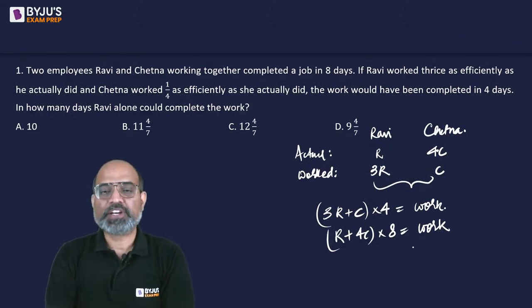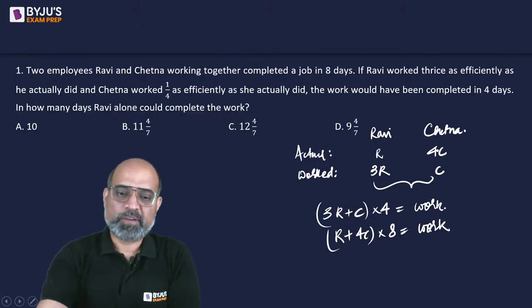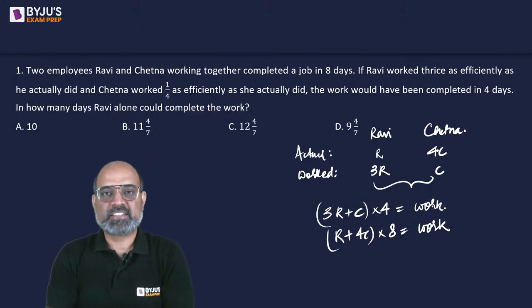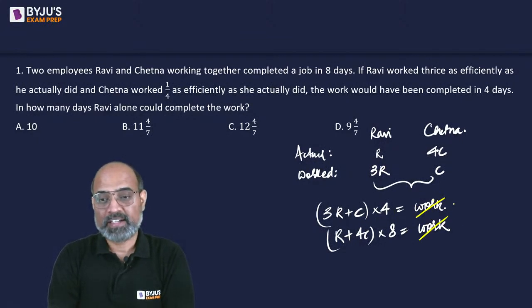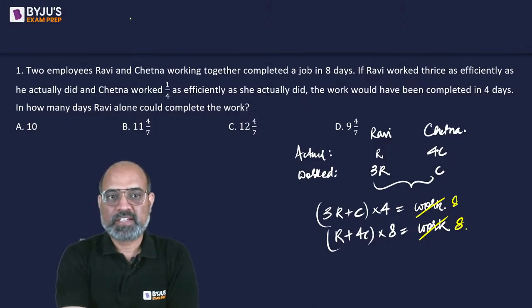From here, we need to find out R and C. The best way is to take the work as the LCM of 4 and 8, so let's take this as 8. Then the first equation gives us 3R plus C is equal to 2, and R plus 4C is equal to 1.